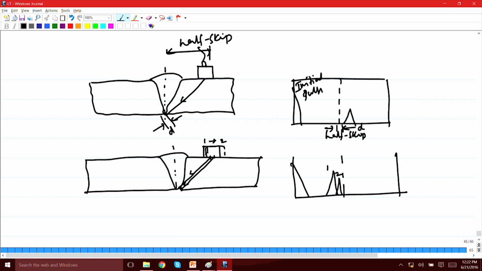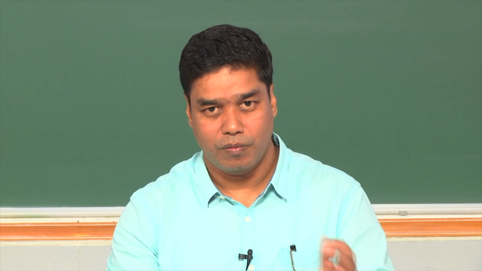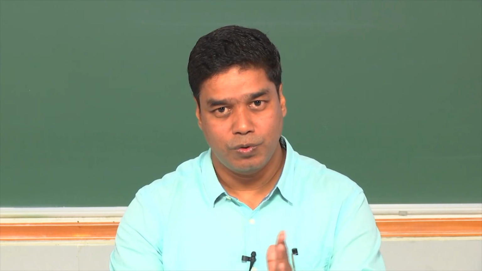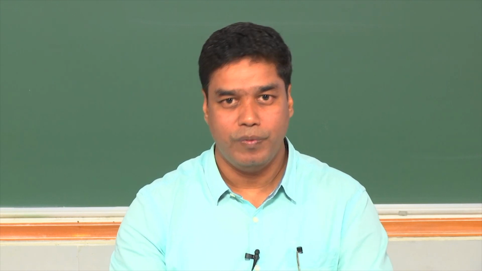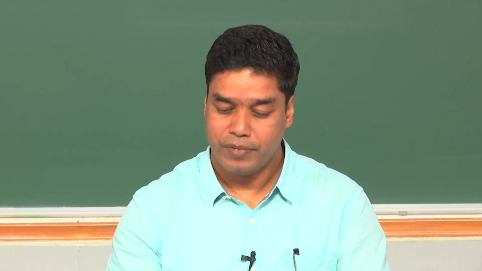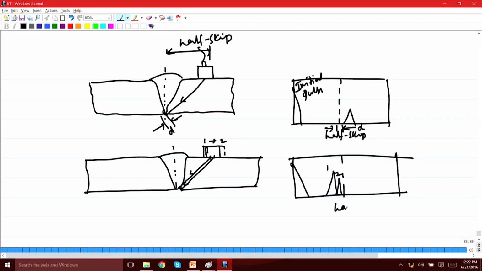So by moving this, you can confirm that at the root there is an opening or a defect, due to which you see this echo coming before the half skip, and as you move a little bit away from half skip distance, this echo is also moving towards the half skip. Okay. So this is how the half skip distance acts as a reference in case of weld inspection.